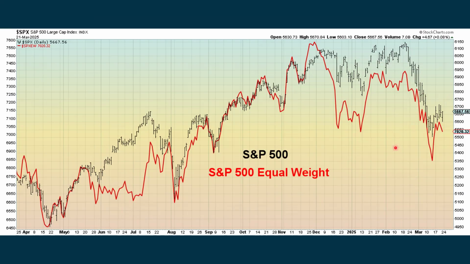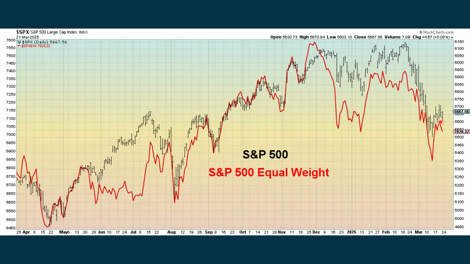So Nvidia is counted just as much as the smallest company in the S&P. And they go more hand in hand with each other, and they're on different scales. But you notice back here, last fall, when we were seeing a really solid market and the red line was pretty much going up with the bar chart, that's a good solid market at that point. Then we started to see the S&P coming down, but the equal weight was going down more.